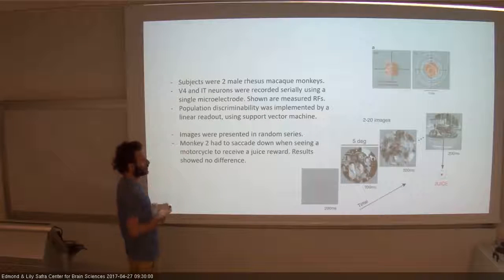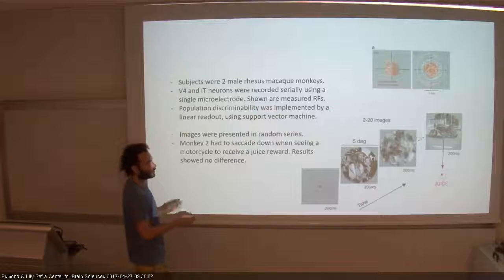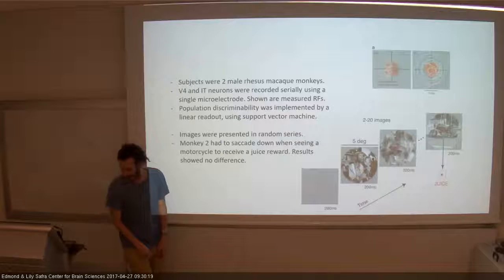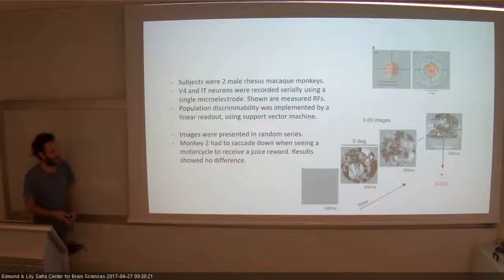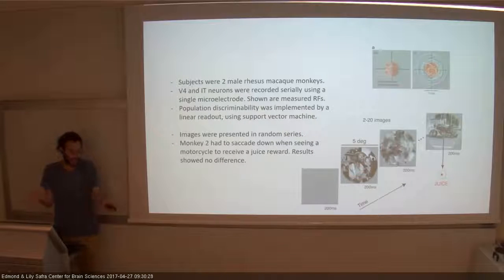It was in some random series of between 2 and 20 images at each run, each for 200 milliseconds. The second monkey had a behavioral task, when he sees a motorcycle. It's relatively irrelevant here. He didn't make a difference at the end, but they wanted to show whether you need attention at all to change the responses.